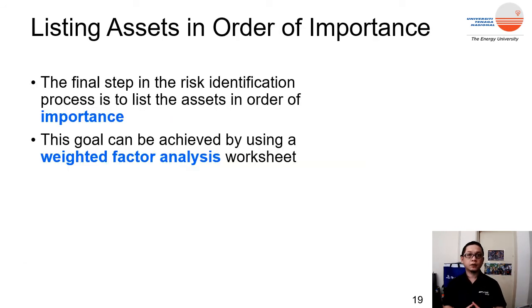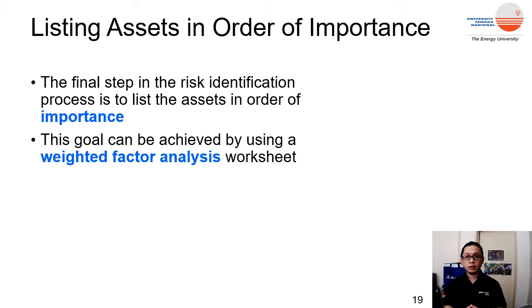So lastly, after you have all that information, you have the assets, the category of assets, and the proper ranking of those assets, you list those assets in order of importance. After that activity, you can see in your organization how important each asset is, and which asset is actually less important and perhaps should not be the focus of your attention in terms of giving budget to protect it.